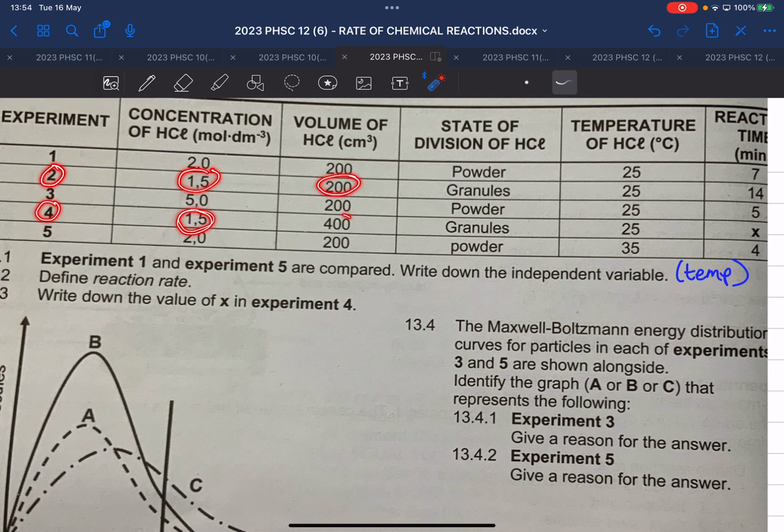The volume is 200. Ooh, this one is 400. But let's go on. This one is granules, 25, 25. So 4 is similar to 2, except for the volume. Will the volume make a difference? No. So what was 2's time? 14. So what is X? Also 14. Okay, so the value of X is 14.